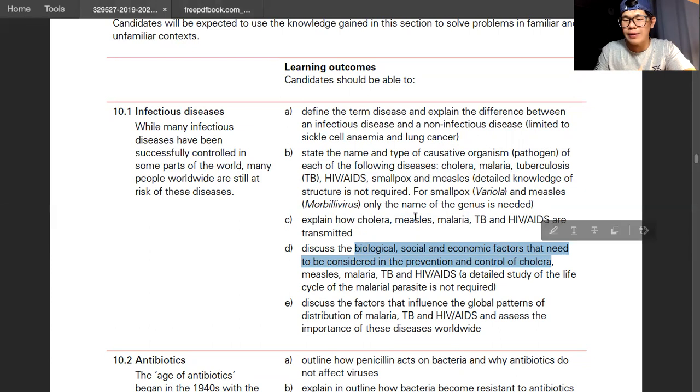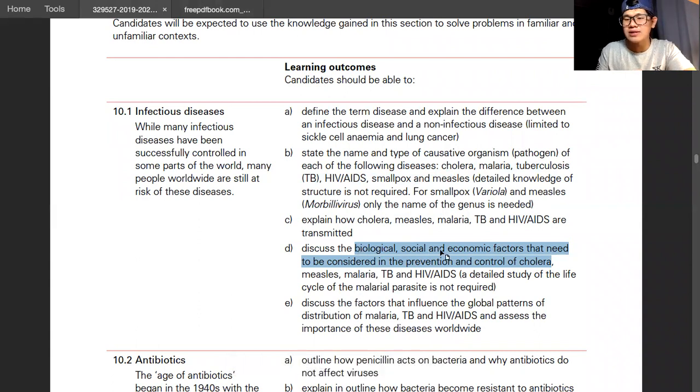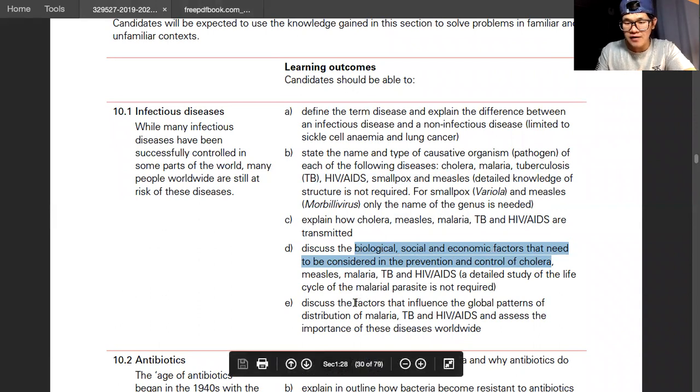So if we know about how they are transmitted, therefore you should know how they are prevented, okay, how you should control it. And last but not least, as what we discussed just now, is that looking at the methods in which they are transmitted, then you should be able to infer how the diseases, certain type of diseases, punya pattern actually arise across the world.